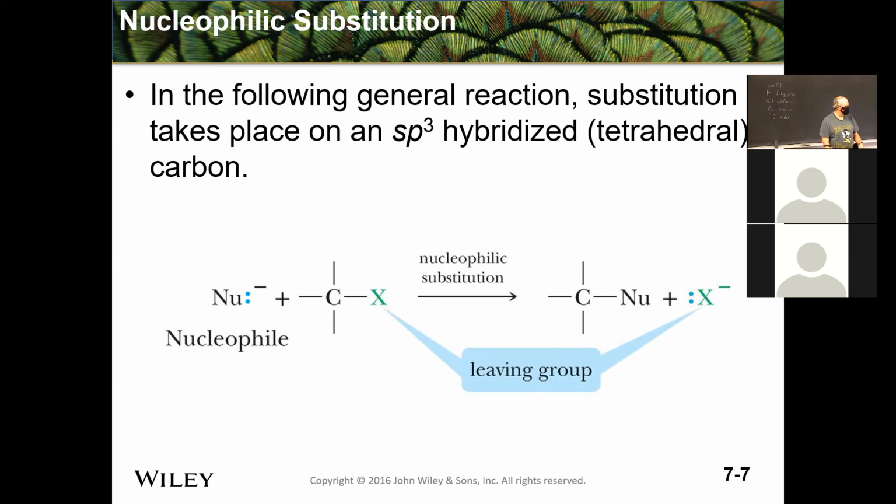So we have some kind of a nucleophile. A nucleophile is an electron pair donor, also known as a Lewis base. And nucleophiles will have a lone pair of electrons that they can donate. In some cases, a nucleophile could be a pi bond from an alkene or alkyne.